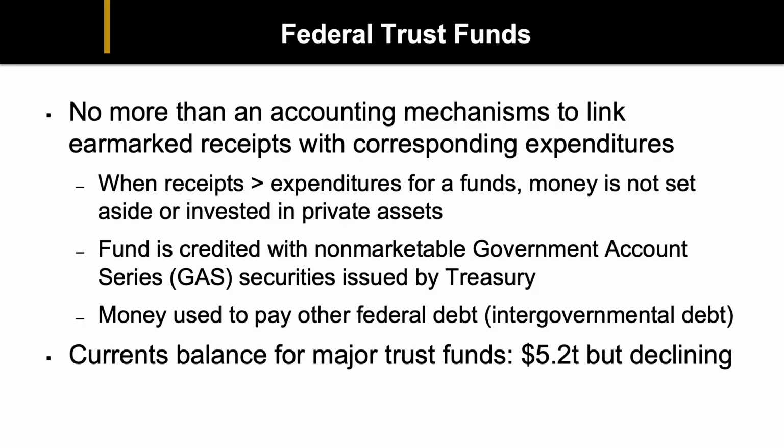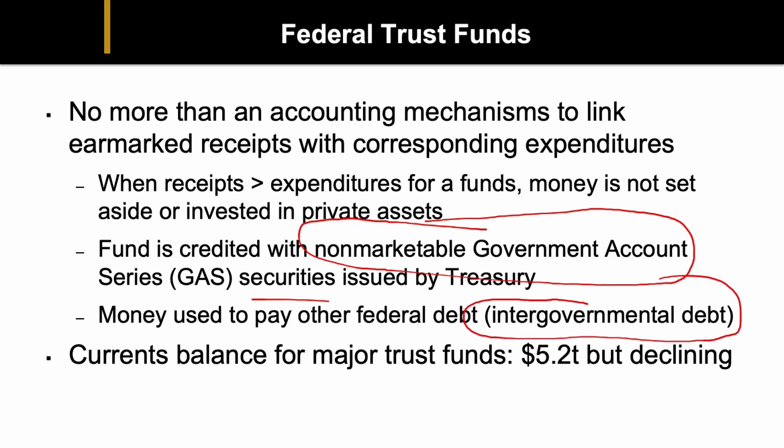Instead, the money in the fund is taken by the Treasury Department, taken by the government, and they get issued government account series securities to put into the fund rather than the actual money. And Treasury takes the money and uses it for other parts of the government. So this money really isn't accumulated. It's replaced with securities, and it's used to pay other federal debt.